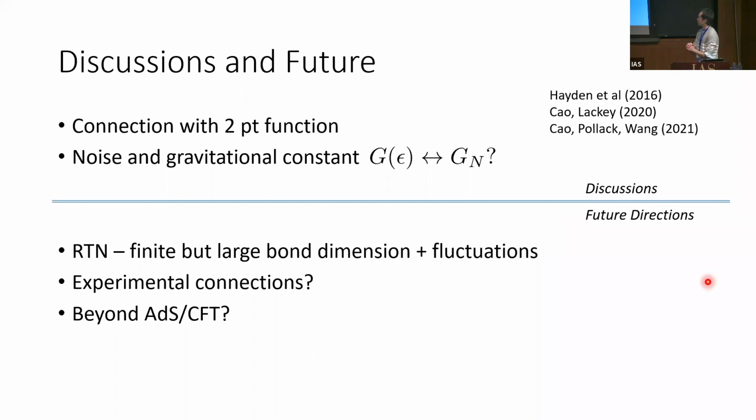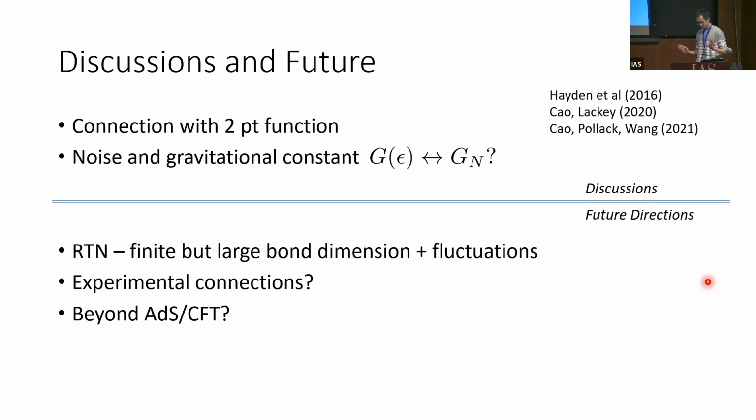So a little bit of discussion. This noise also has other consequences. For example, it will construct for you a non-trivial two-point function. And at the same time, we're seeing a vague analogy between the noise parameter epsilon and the gravitational constant. It seems like there might be something going on there.